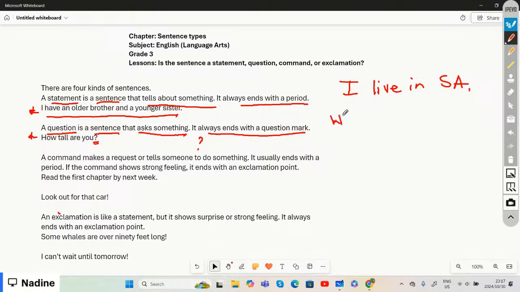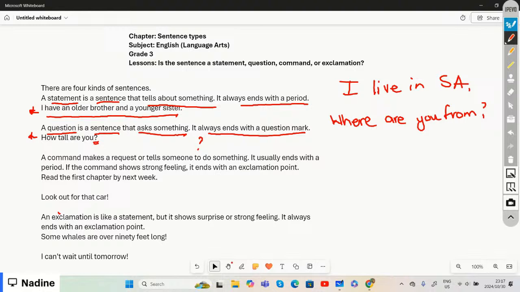Another sentence is, where are you from? And it's a question. The person is either going to say, I'm from Canada, I'm from Ethiopia, I'm from South Africa, I am from India, and so on. I am from Nigeria.